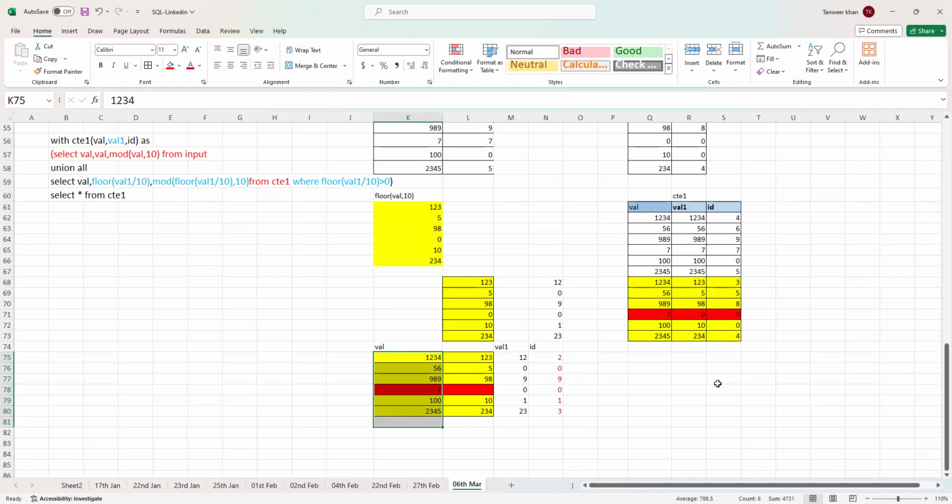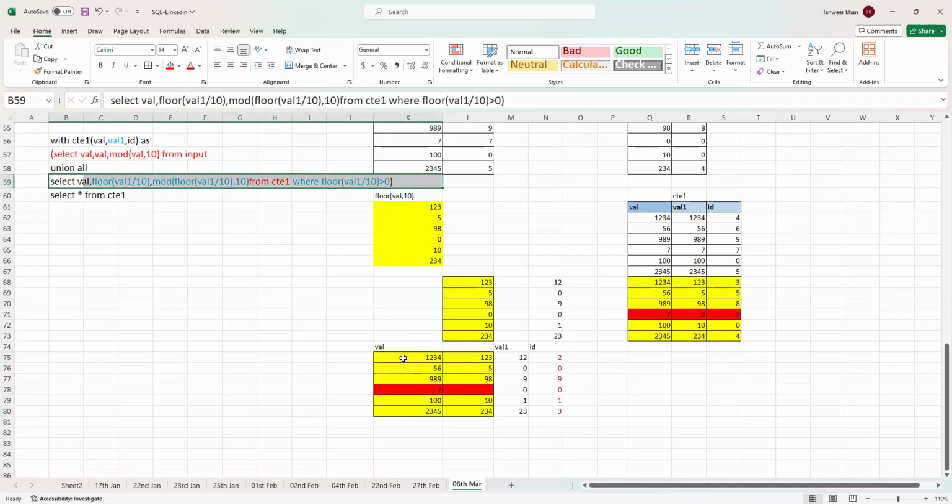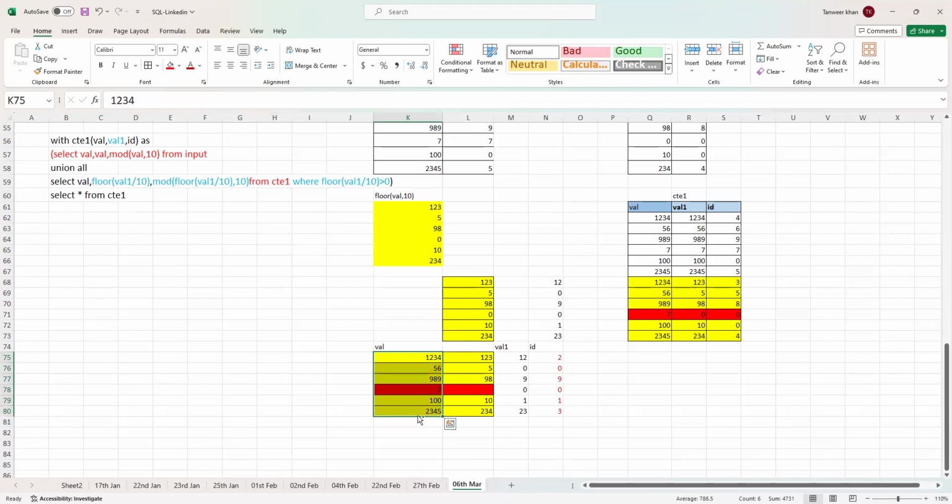For this set, when this is executed the second time, this will be the val, this will be the val 1, and this will be your ID. So this will be your third execution.